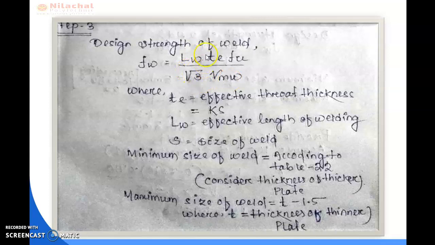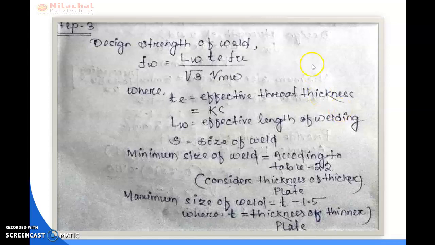Here Lw is the effective length of the welding. That means the length of the welding which is provided in the plate to merge the two plates into one section. Okay, the portion where the welding is provided, that portion you can take as the effective length of the welding.